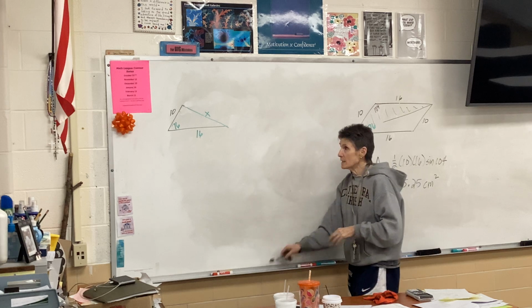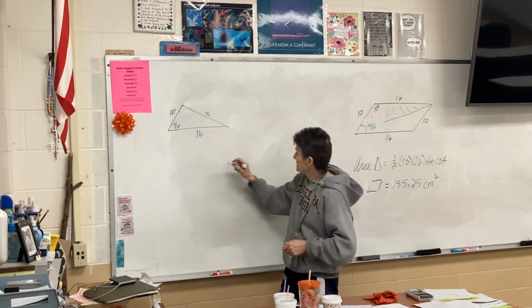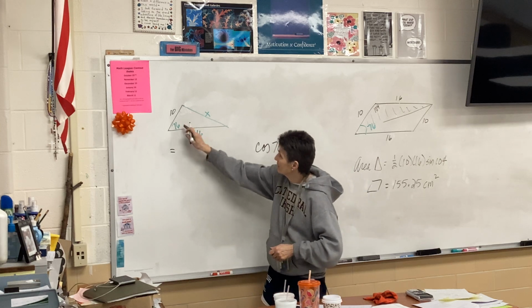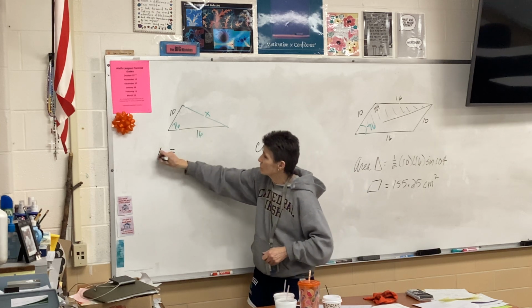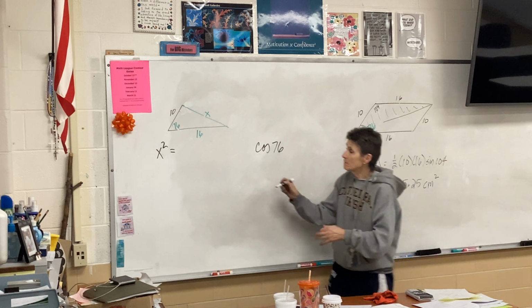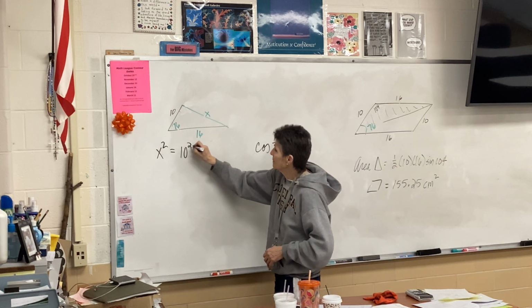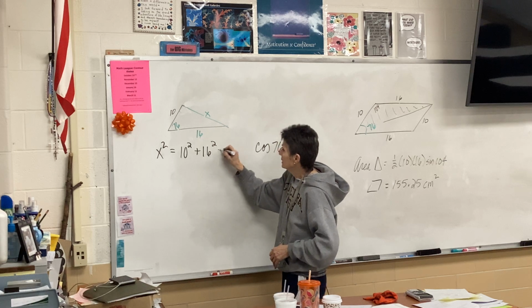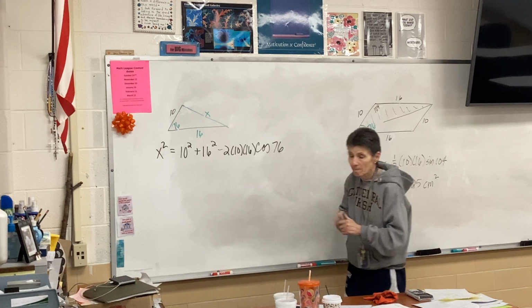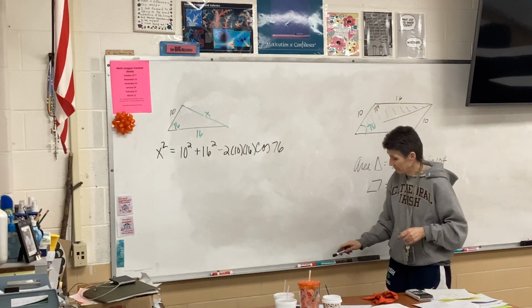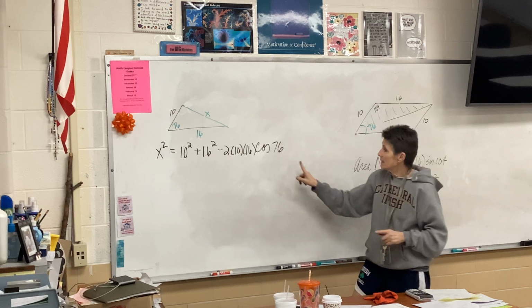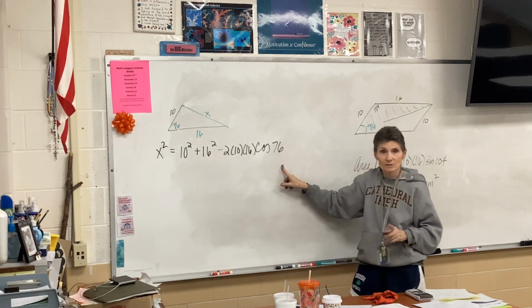So the good news is, my angle is 76, so out here is going to go cosine 76. Over here is going to go the side that goes with that, so that's x squared. And then in the middle will be my combination of 10 and 16. And then once again, life is so good because there are no variables in there.